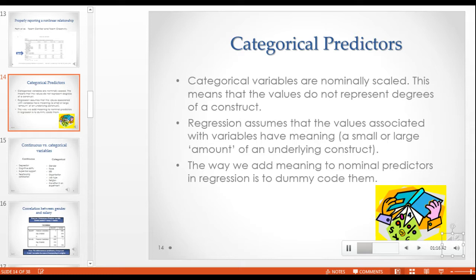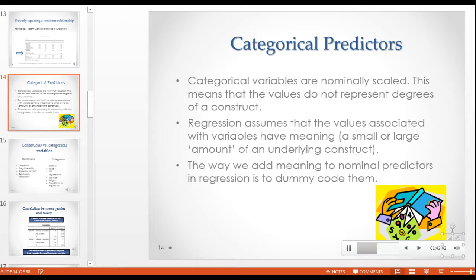So if you had a scale from 1 to 7 when you're assessing someone's openness to new experiences or depression or another kind of construct, that's a continuous variable. However, if you have a variable like gender or ethnicity, those are grouping variables and they're nominally scaled. So more on that in a bit, hopefully. That will be clear in a second.